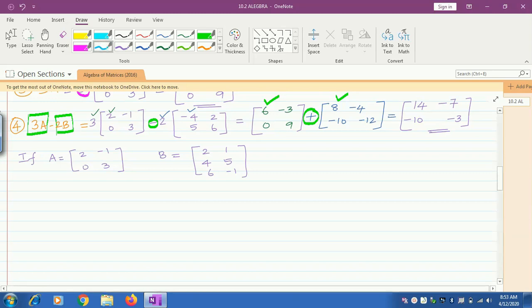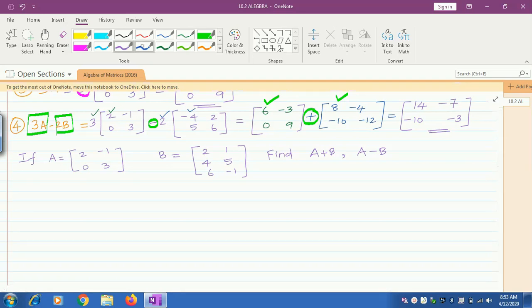Now first of all we have to discuss the order. What is the order of the matrix? And the question is asking to find A plus B and then A minus B.